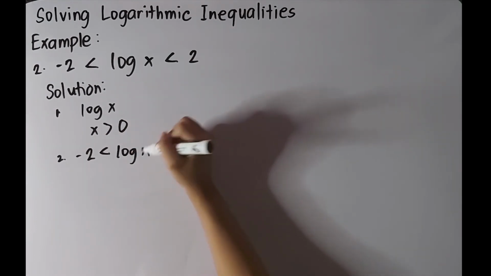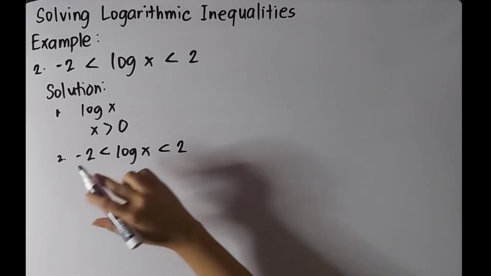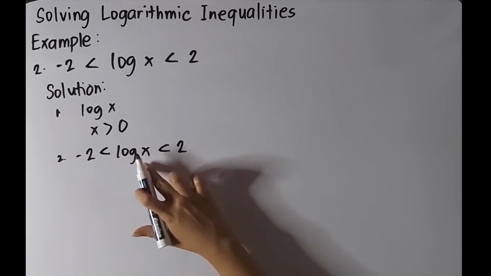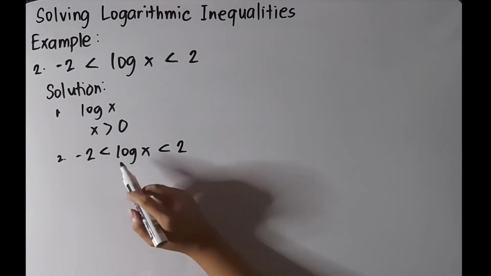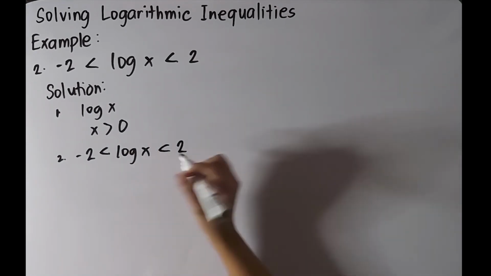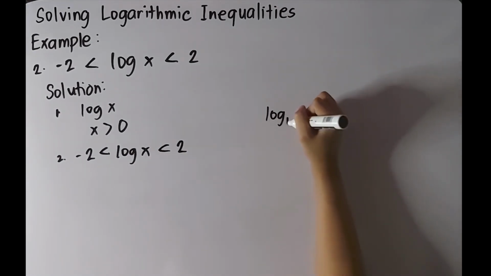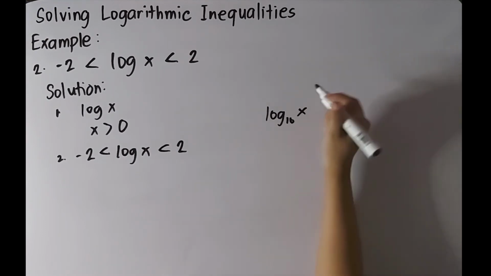Second, let's now solve our logarithmic inequality. We have negative 2 less than log x less than positive 2. This log x is log base 10 of x.